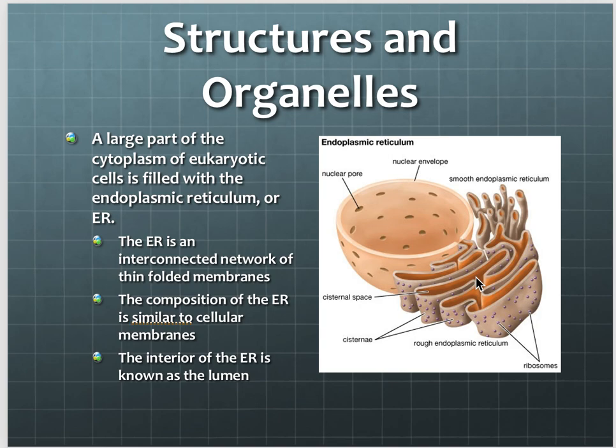And so what's going to happen is the ribosomes that are on this endoplasmic reticulum are going to be involved in putting those proteins together. They're going to connect the amino acids with the peptide bonds so that whatever particular protein it needs can be assembled.